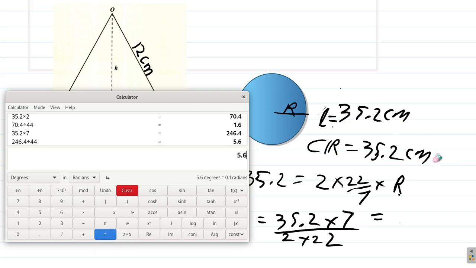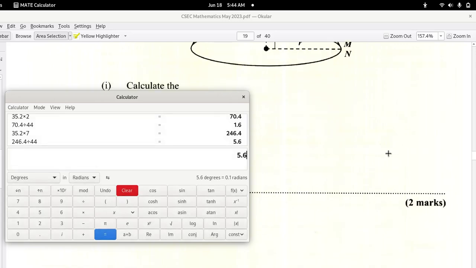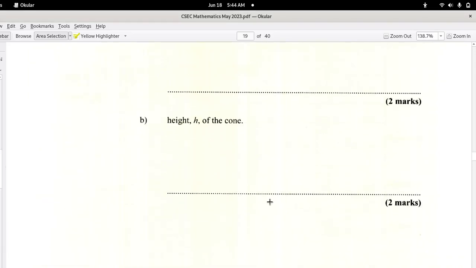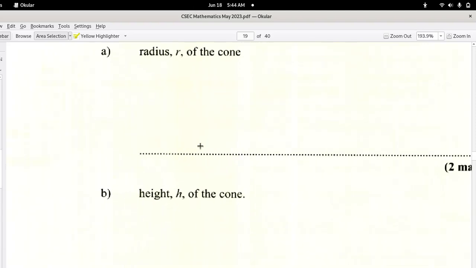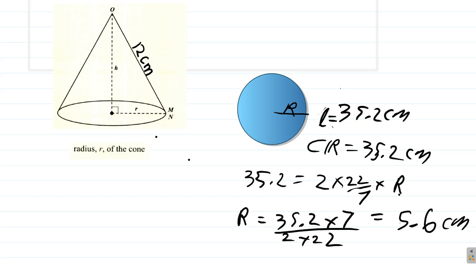Alright, so we get 5.6 centimeters. Right. So that's 2 marks, and then the height h of the cone for another 2 marks.